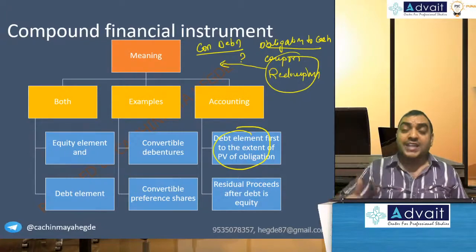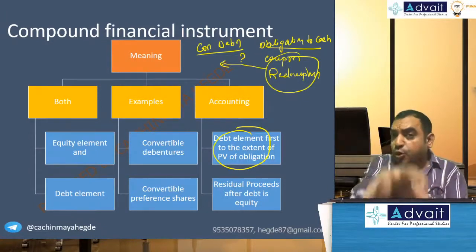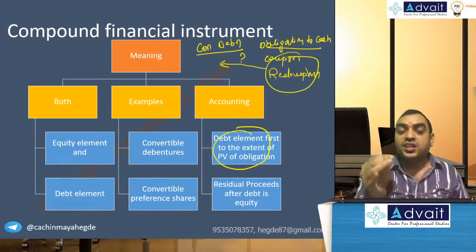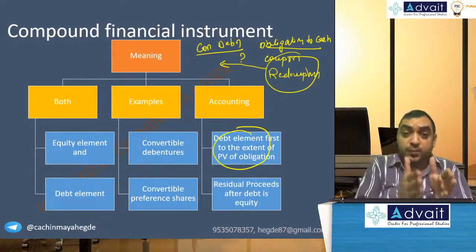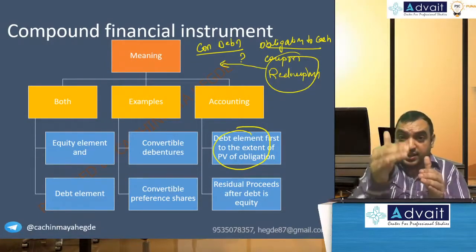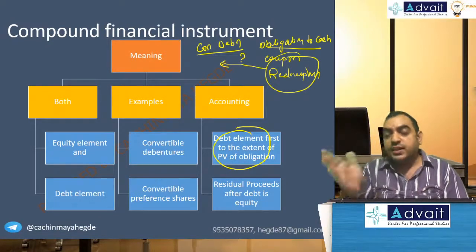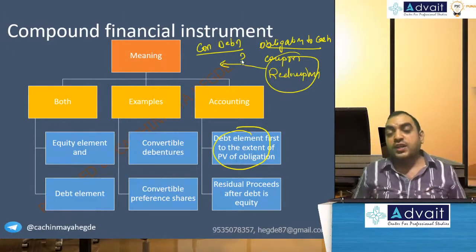If a person has given a loan in the form of non-convertible debenture, only for the loan, how much return I expect is in the form of non-convertible coupon rate. Therefore, the convertible debenture coupons are cash flows. Non-convertible debenture coupon is considered as required rate of return used for discounting.